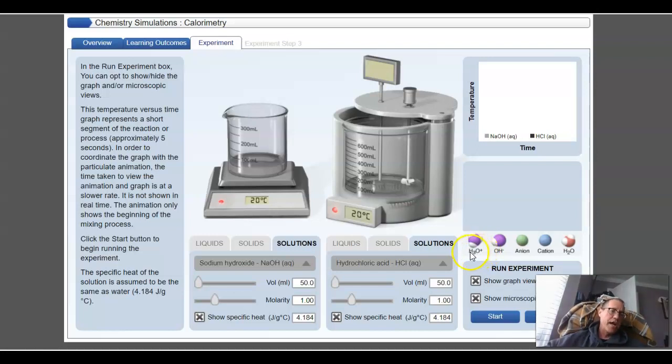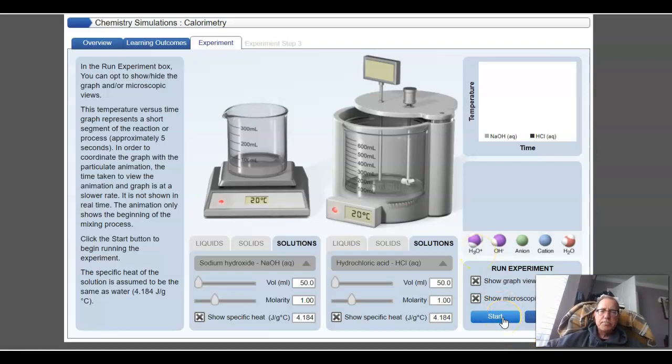Now it's more accurate saying that it's hydronium, the H3O plus, because hydrogen ions just don't float around there. But by convention, we use H plus quite often instead of just the H3O plus. So if you were wondering, hey, where'd my H plus go? It's there. All right, so let's start this reaction.